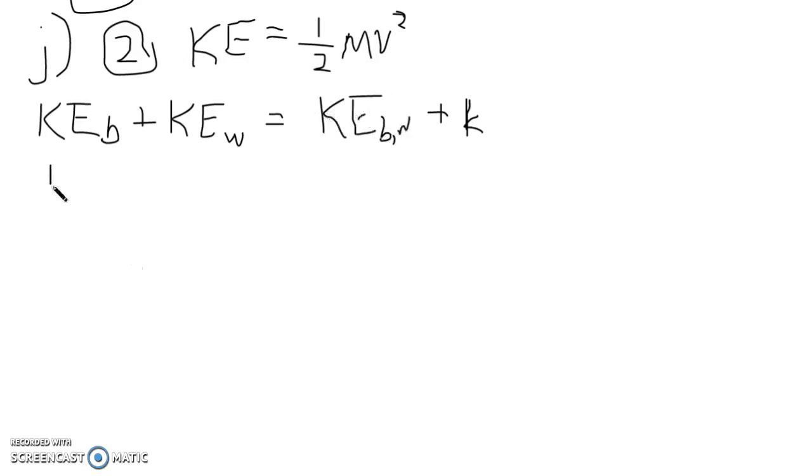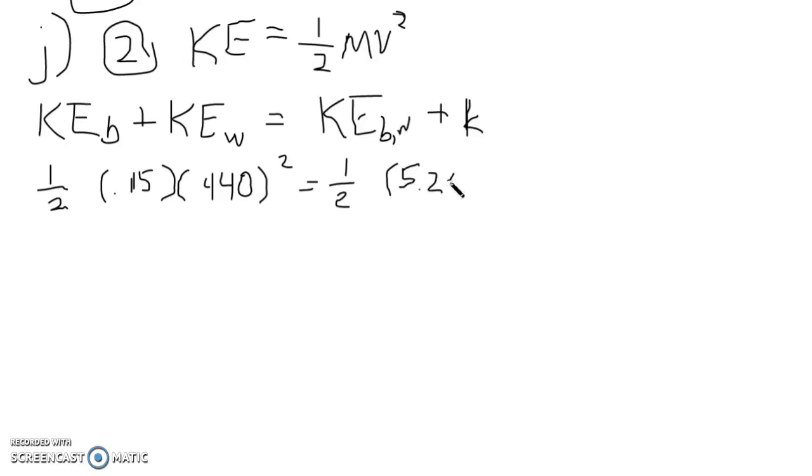Okay, so then you substitute the amounts, and you get 1/2 times 0.15 times 440 squared equals 1/2 times 5.25 times 12.57 squared.